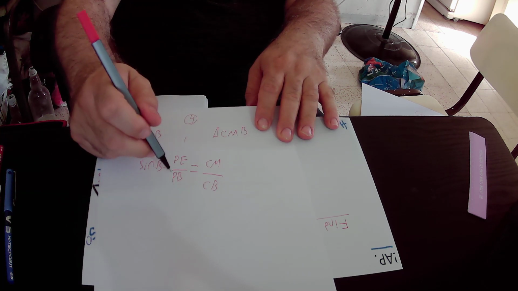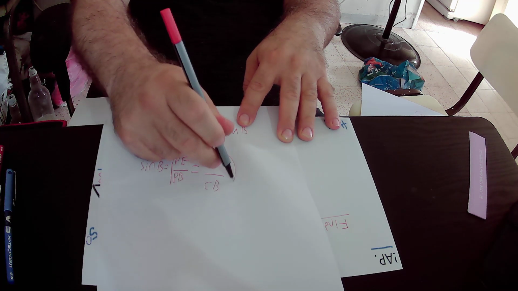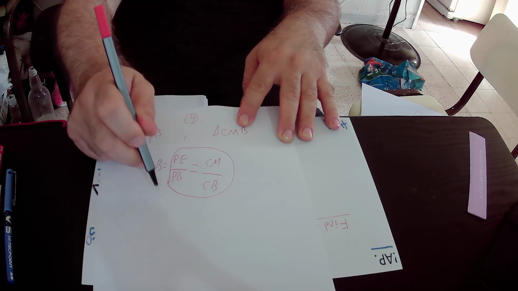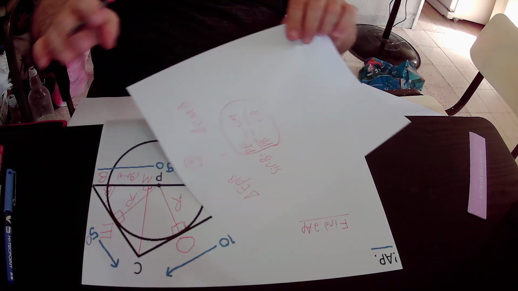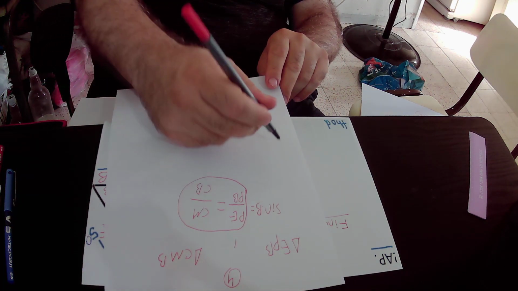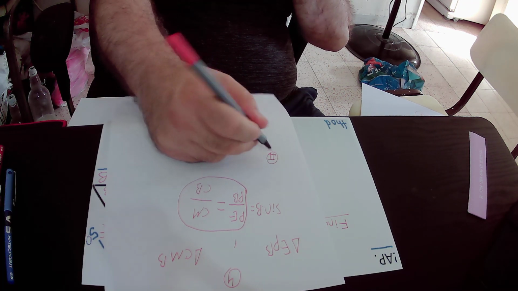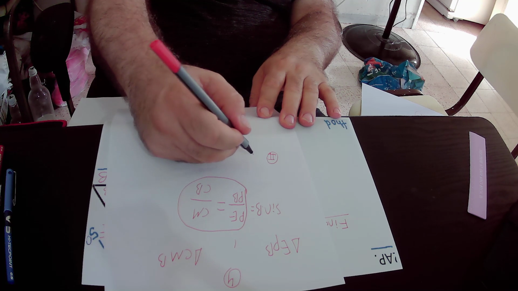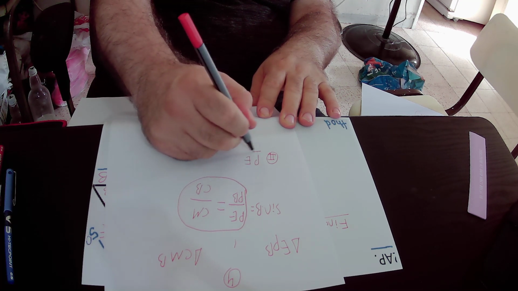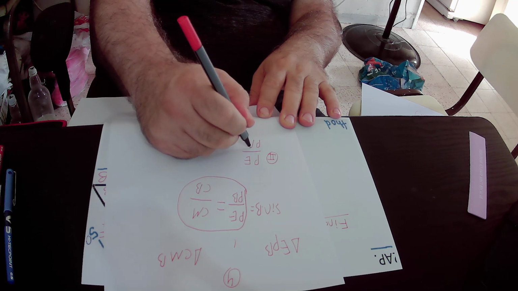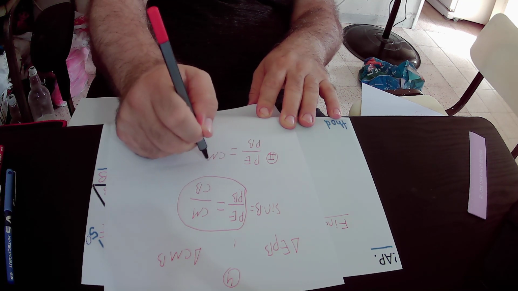Now we will copy again this equality, and we will call this equality equation number 2. Okay, so the second equation will be PE over PB equals CM over CB.